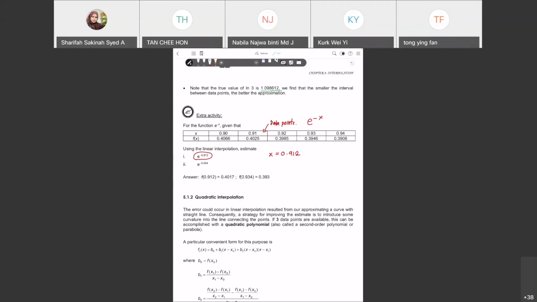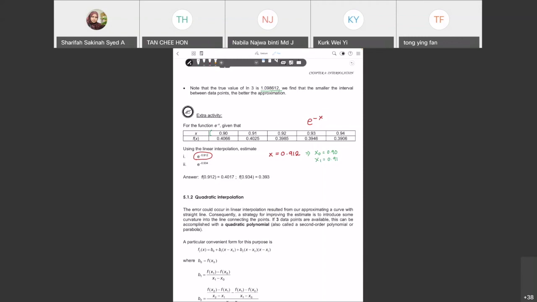So which interval should be the best choice for your interpolation? So you can use x0 equal to 0.90, x1 equal to 0.91. Can you use this interval to calculate your Newton interpolating polynomial?